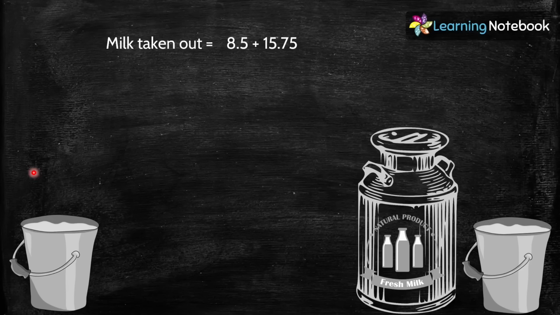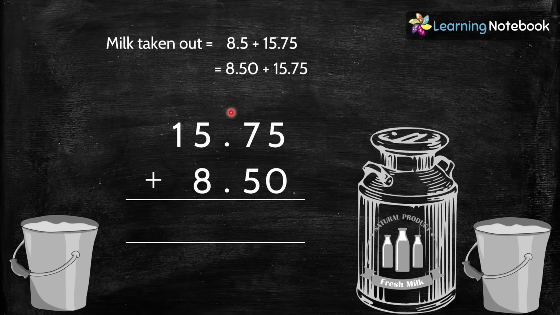Students, to add these two decimal numbers, we have to make them like decimals. So 8.5 becomes 8.50. Now let's add them, write them in columns and then start adding from the decimal part. So 5 plus 0 equals 5. 7 plus 5 equals 12. 1 gets carried over and 2 comes in the answer. Then we will put a decimal point.